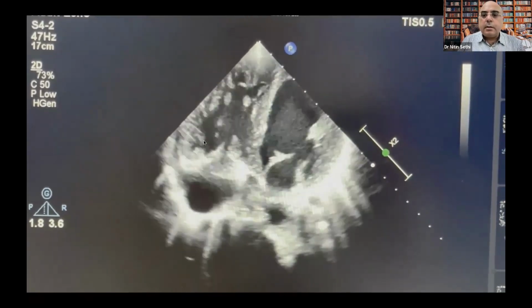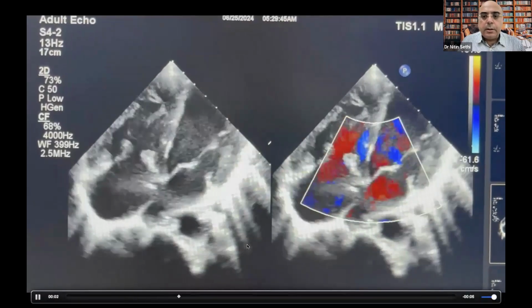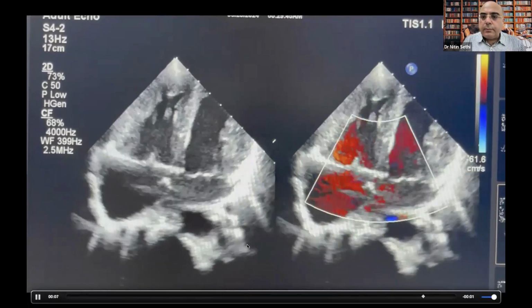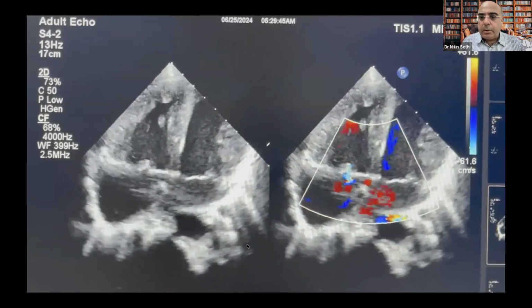This is the same apical 4-chamber view with the color flow pattern, showing flow across the interventricular septum, and no significant MR or TR.